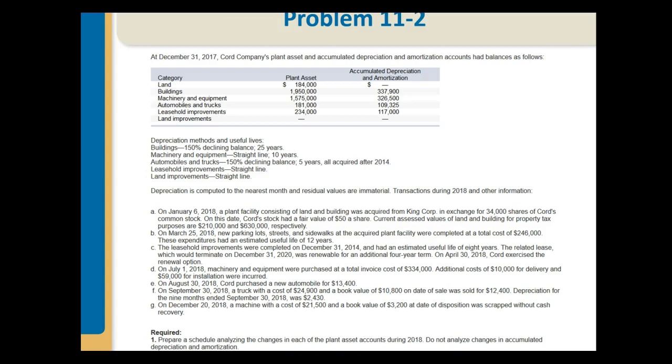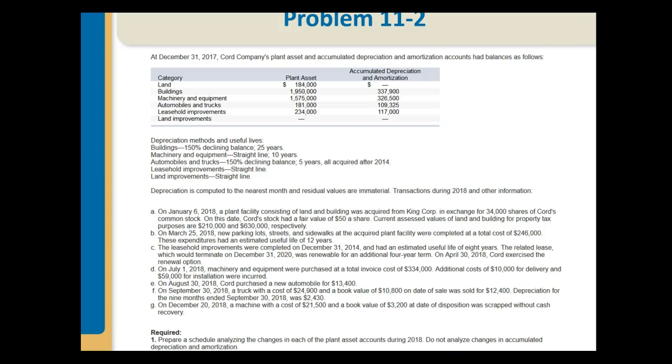Next, on August 30th, Chord purchased a new automobile for $13,400. F. On September 30th, a truck with a cost of $24,900 and a book value of $10,800 on date of sale was sold for $12,400.